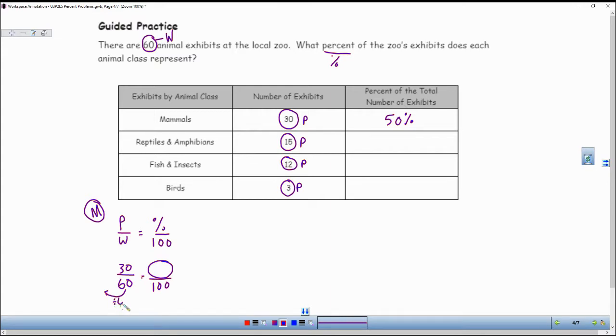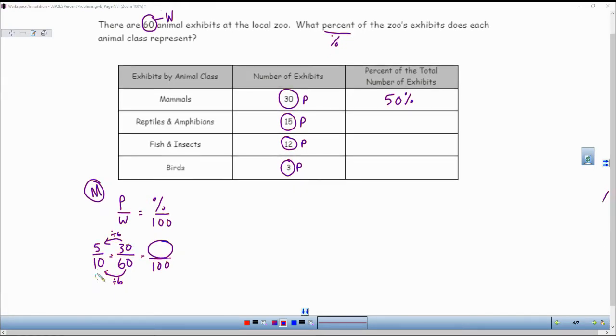Because if we divide by 6, that'll get us to 10. And if we get to 10, we can get to 100. And then what's 30 divided by 6? It's 5. So 5 out of 10 are mammals. That's also a half. And then to get from 10 to 100, we'll multiply by 10 on the bottom and on the top, times 10. And that's going to be 50.